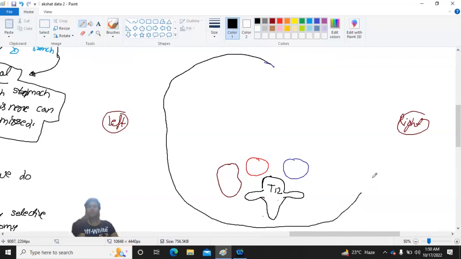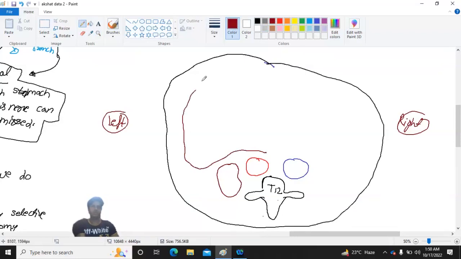This is the abdominal wall, abdomen basically, but this is the peritoneum. Inside we draw the peritoneum. This is the peritoneum.